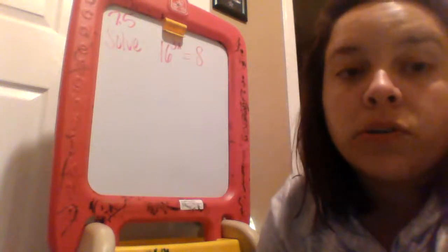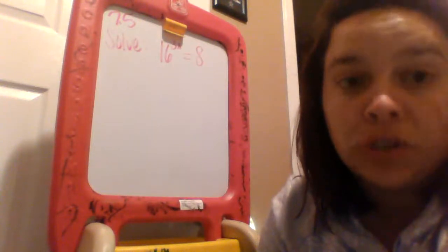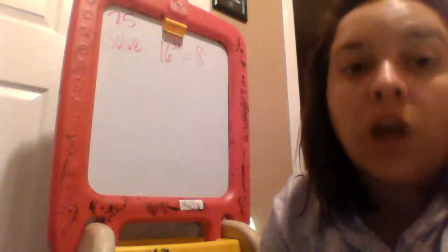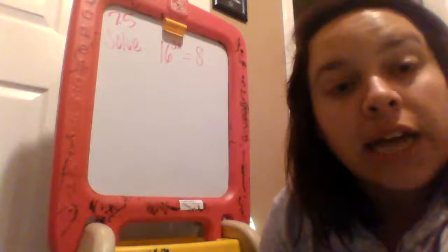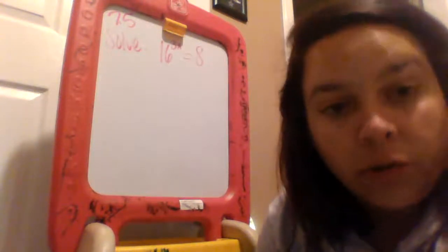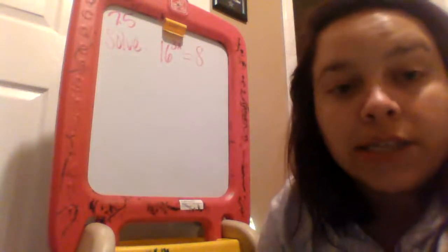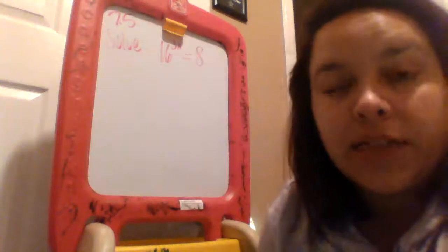So in order to get rid of this exponential, I'm going to log both sides, and by logging both sides, that throws in our logarithmic properties, which allows us to isolate the x term.